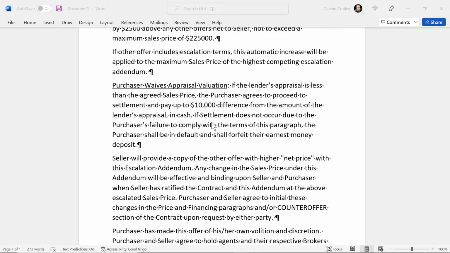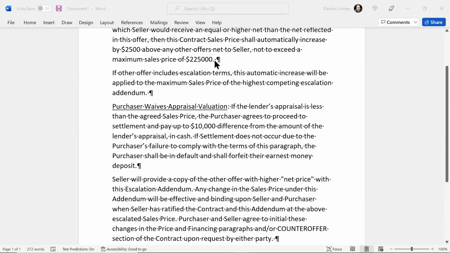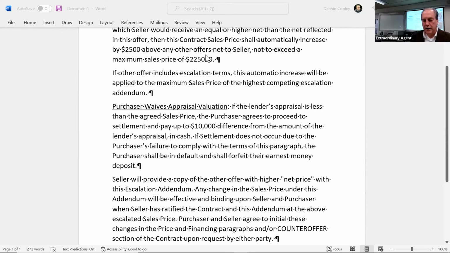I've had that happen where I've been on the seller side and I've had two escalation clauses and we just went to the maximum on both of them, but you've got a statement in there about exceeding the maximum. So that's the part I was curious on, how that plays out. Yeah. So what it would be is that paragraph right here is saying not to exceed a maximum sale price of 225. So the 250 is going to beat me.